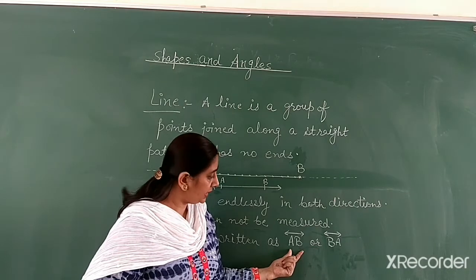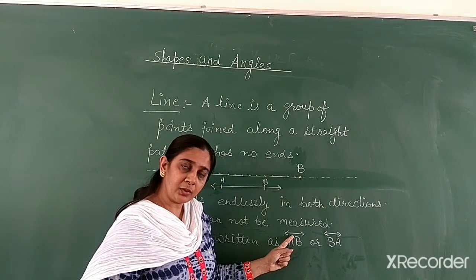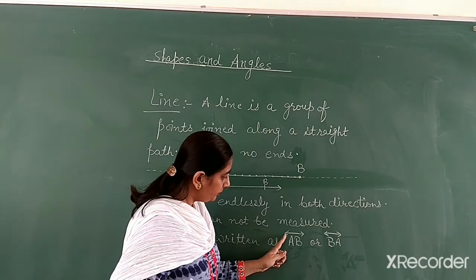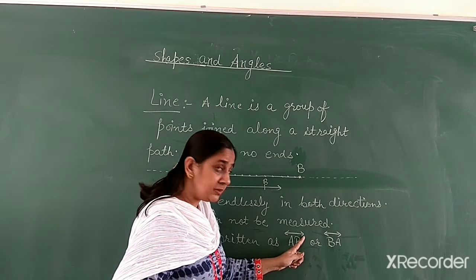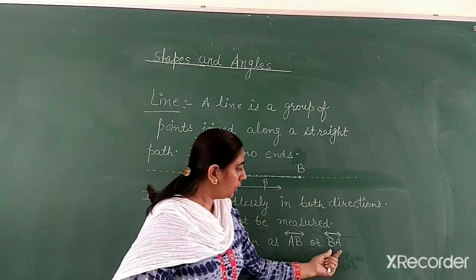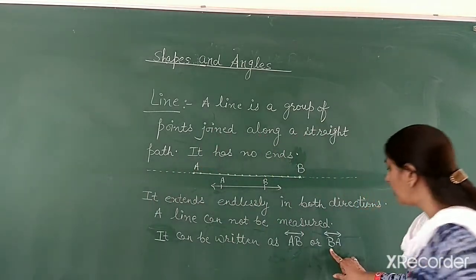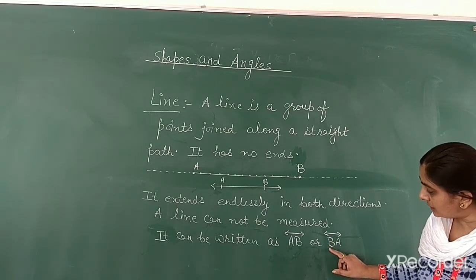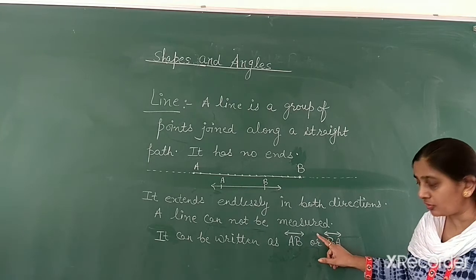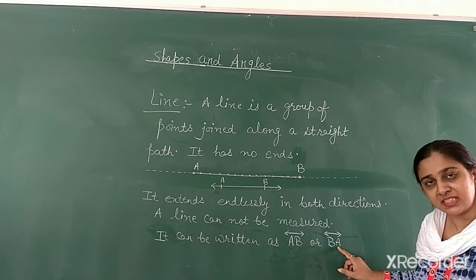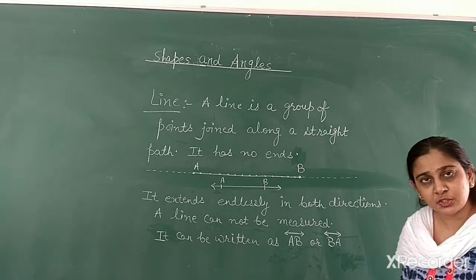What does the arrow over it mean? The arrow over A means it can be extended in the direction of A, and the arrow over B means it can be extended in the direction of B also.